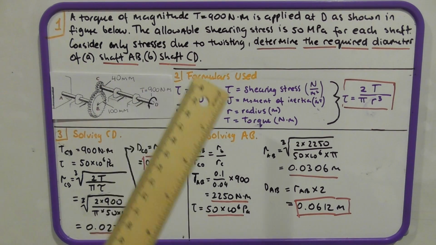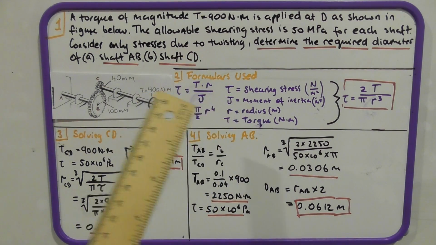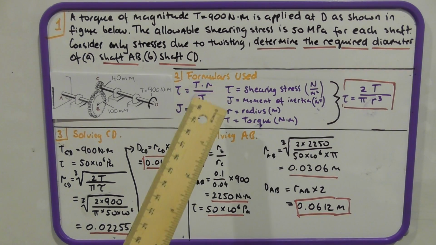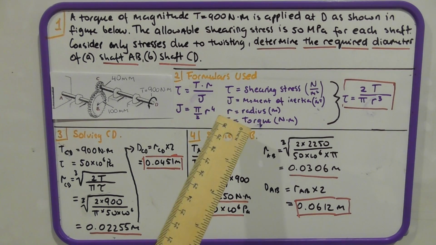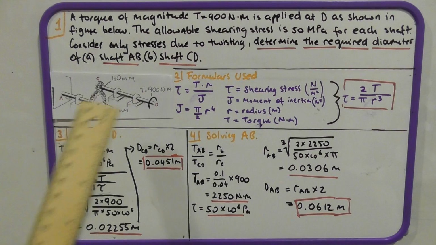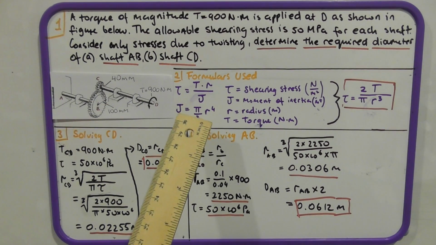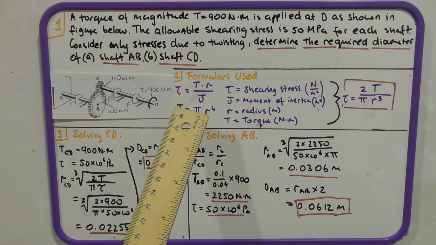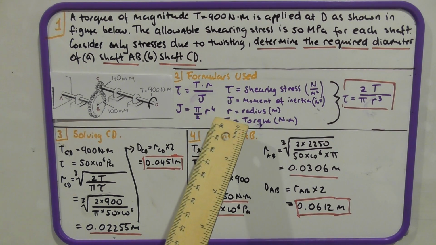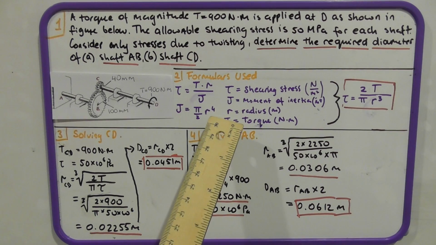The formulas we're going to use are shearing stress, which equals torque multiplied by radius of that shaft divided by moment of inertia, and obviously the moment of inertia formula, which is moment of inertia equals pi on 2 radius to the power 4.